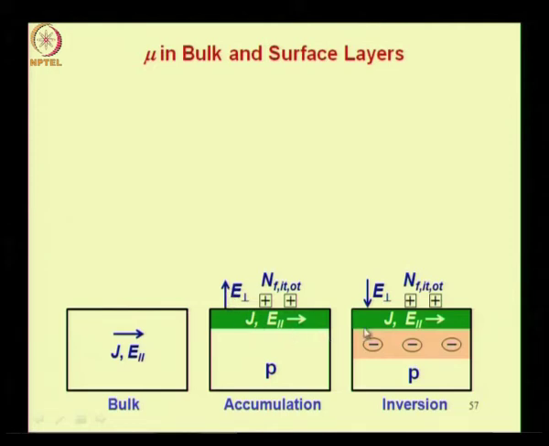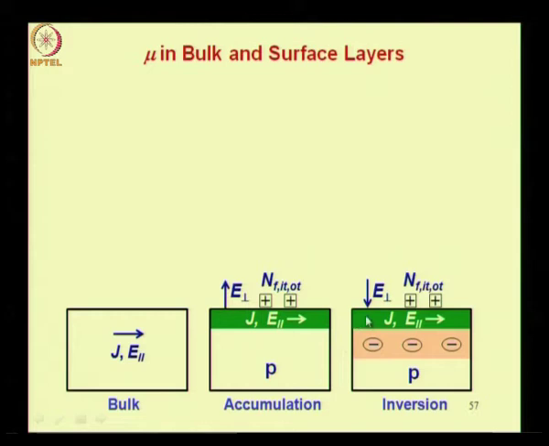On the other hand, if you have inversion as shown here in a p type substrate, the inversion occurs due to electrons, and therefore to hold these electrons near the surface you will need a field which is coming into the surface. So this is where you see there are two electric fields, one parallel to the current flow and the other perpendicular to the current flow. So here again you have parallel and perpendicular.